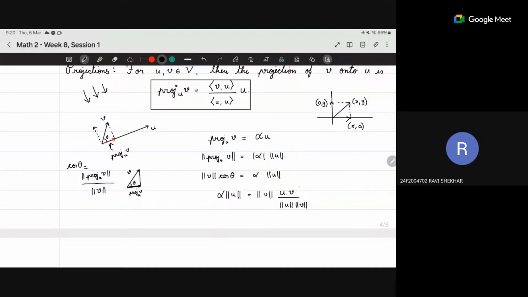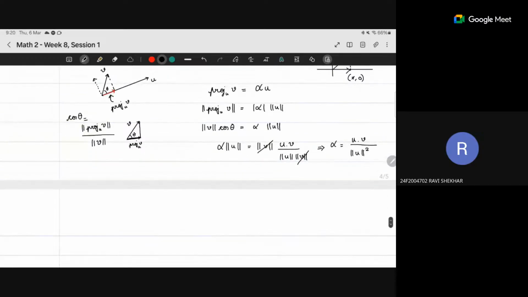So in this step, I've just removed cos theta and replaced it with u dot v divided by norm u norm v. And norm v is not 0, so I can cancel this out. And what I get is that I bring the norm of u from that side to this side and get that alpha is actually u dot v divided by norm u square. Is that fine?